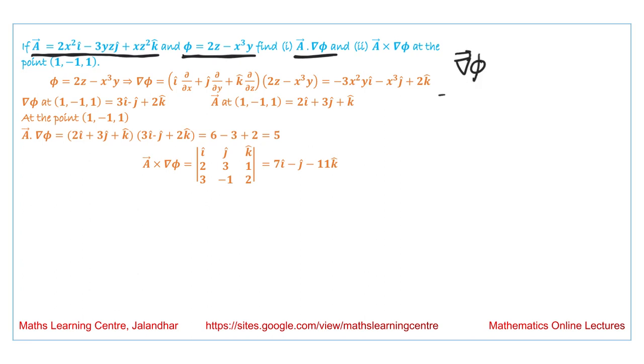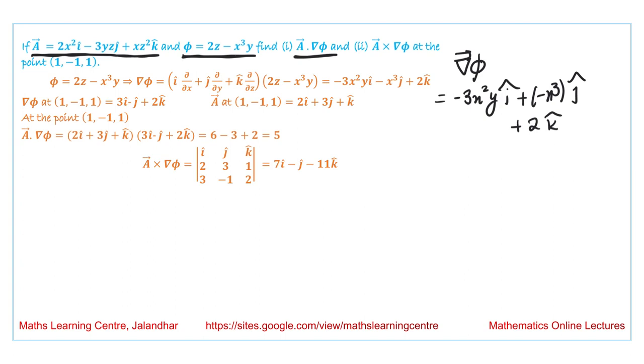The derivative with respect to x is minus 3x square y i cap, the derivative with respect to y is minus x cube j cap, and last it is plus 2 k cap. This is gradient of phi.